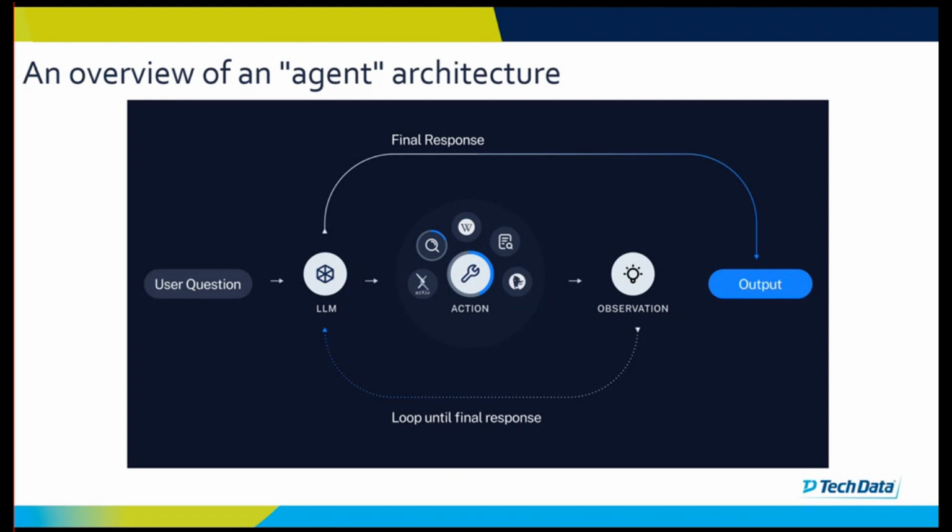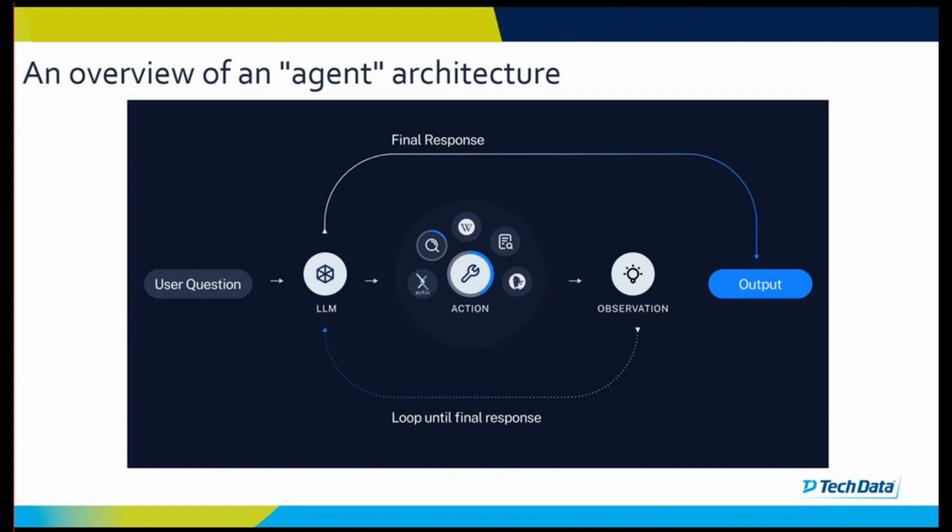And there will be a loop within this agent architecture. After you have the question, the large language model picks a tool. The tool can be a web search, a generative image, or a code interpreter. It will use that to get additional information. Then the additional information, which we call an observation here, will be fed back to the large language model.